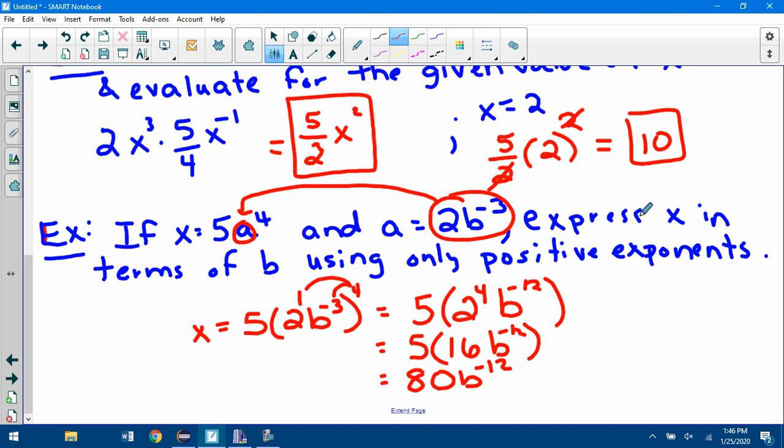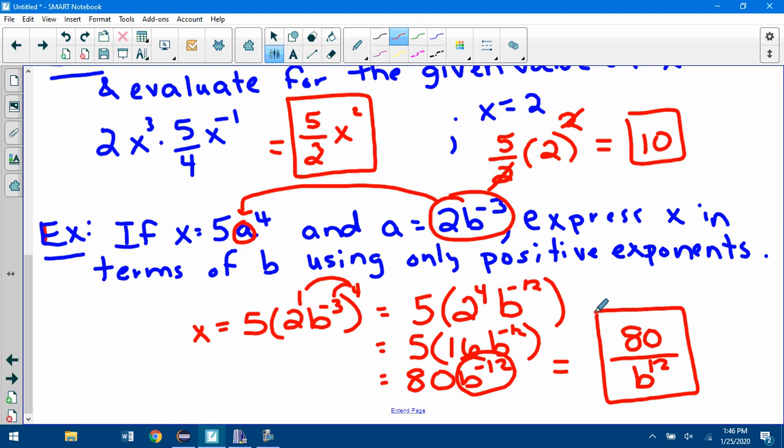But I still don't want that negative exponent, so I would circle the thing with the negative exponent, not the 80, because that's like 80 to the first. I end up with 80 on top, and what on the bottom? b to the positive 12th. Remember, when you circle a negative exponent, you flip the side of the fraction it's on. This one didn't have a bottom, so it was on top. Now it got flipped to the bottom.